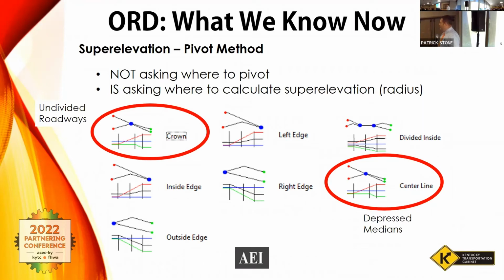And the crown wouldn't work there because typically on divided highways, you have a crown on the left and a crown on the right, and it'll calculate that super elevation accordingly. So using that center line gives you the results that you need.